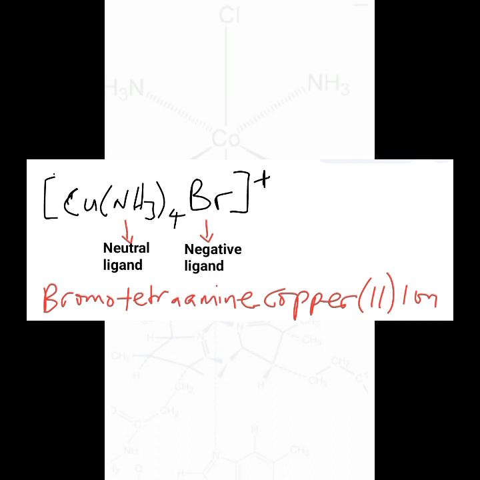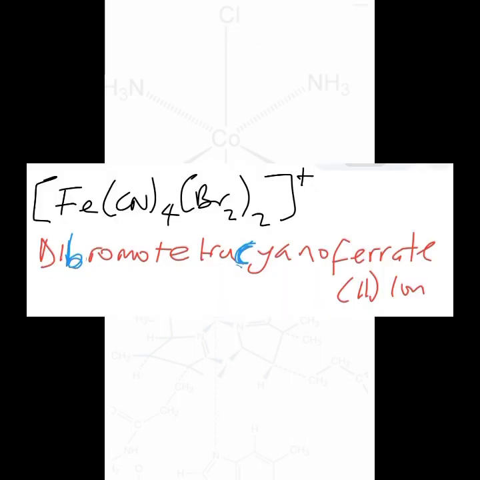Negative ligands are named before neutral ligands. When there are two or more different ligands, the ligands are named alphabetically without considering the numerical prefixes of the ligands.